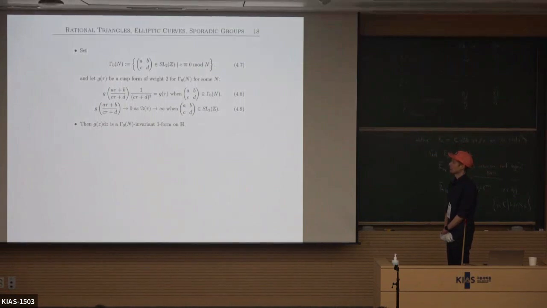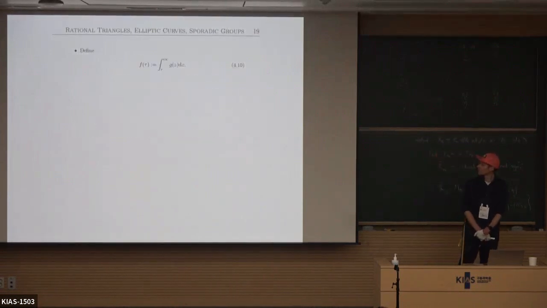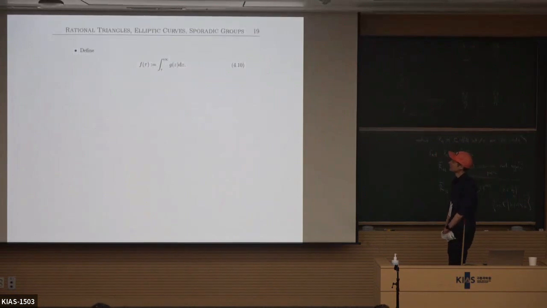With these conditions, we get in particular a gamma naught n invariant 1-form on H, G of z dz. If I have a 1-form, I can integrate it and get a function. It's gamma naught n invariant, so we should get a gamma naught n invariant function on H. Okay, let's do the calculation, from, I guess, primary school math to high school math.